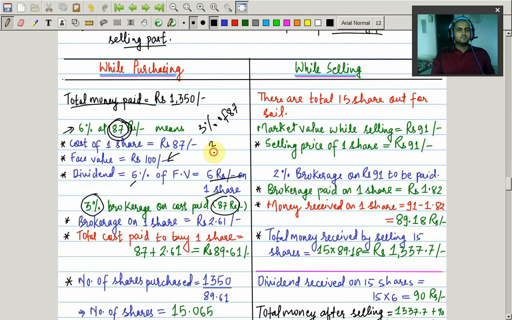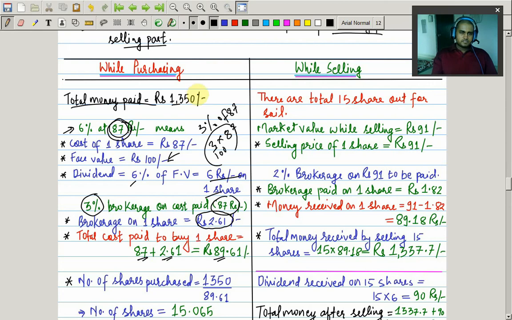How to calculate this? 3 upon 100 into 87. You will get the brokerage amount as 2 rupees and 61 paisa. So on every share that person is taking a commission of 2 rupees and 61 paisa. So the total cost paid to buy one share is 87 rupees plus this amount, so total 89 rupees 61 paisa.